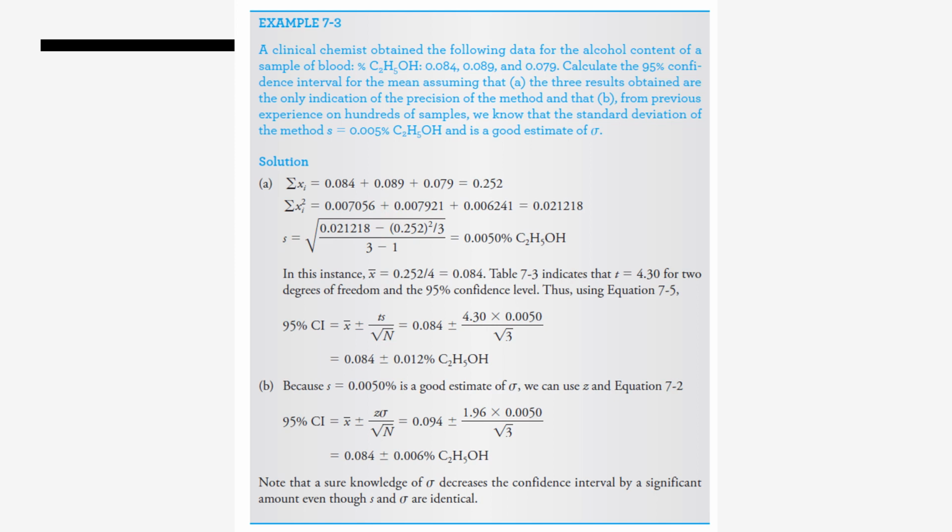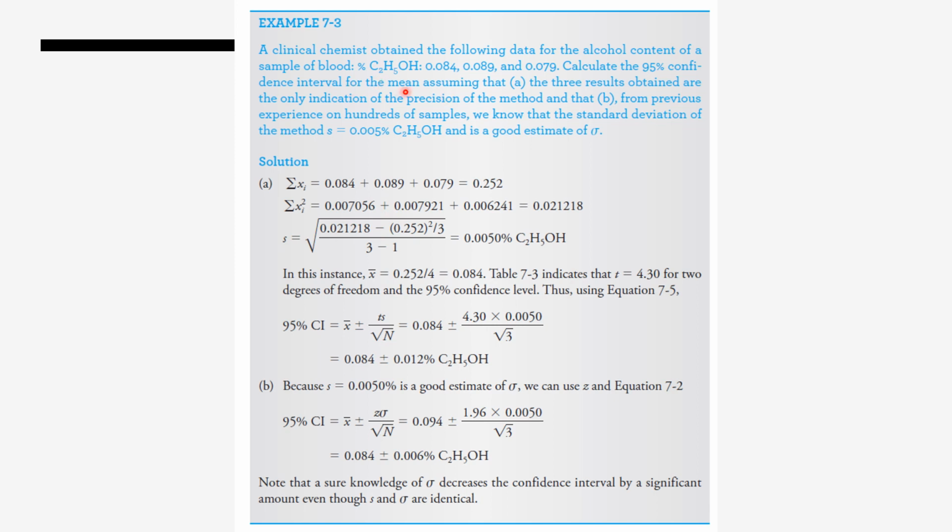Now, this one tackles another problem that we can apply the calculation of our T. So a clinical chemist obtained the following data for the alcohol content of sample blood, which is equivalent to 0.084, 0.089, and 0.079.